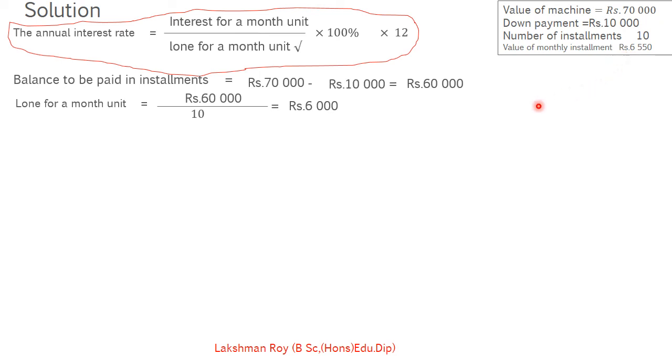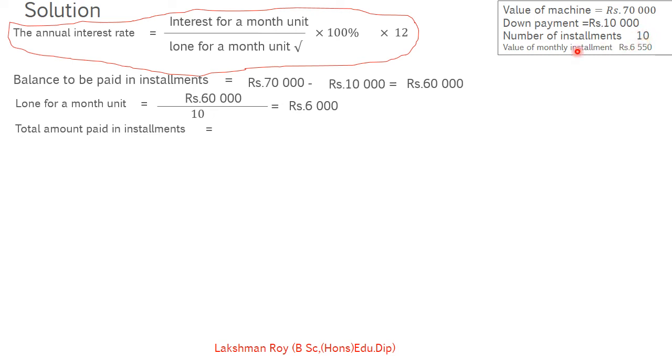Remember that. Then we will find the total amount paid in installments. This is the amount you should pay if there is no interest, but here interest is there, therefore you have to pay 6,550. Now I'm going to find the total amount to pay in 10 installments with interest.